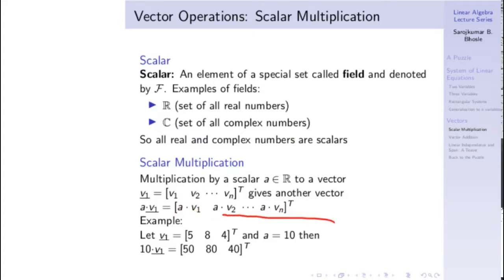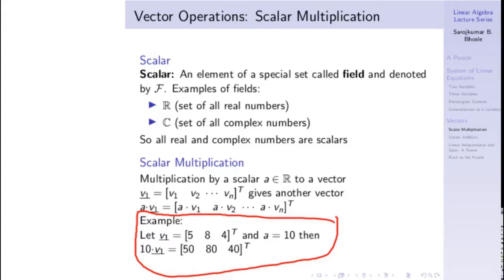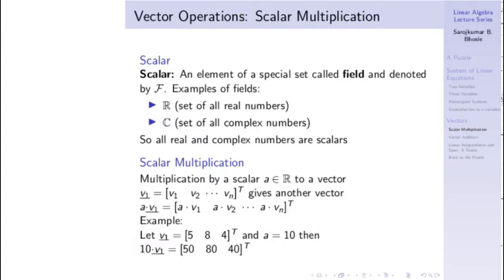For example, if v1 has components 5, 8 and 4, and a is a scalar equal to 10, then 10 times v1 is 10 times 5 which is 50, 10 times 8 which is 80, and 10 times 4 which is 40. This is how scalar multiplication works. There is nothing difficult in this.